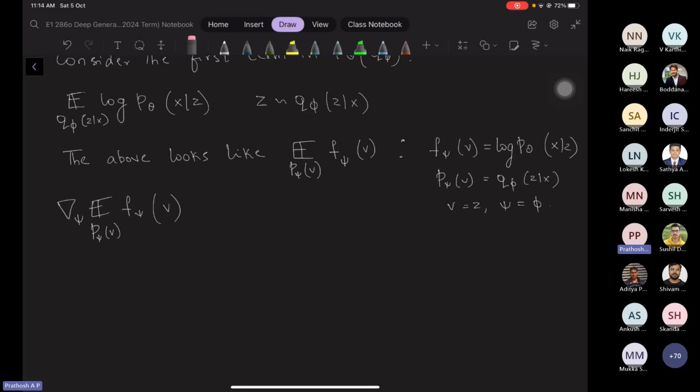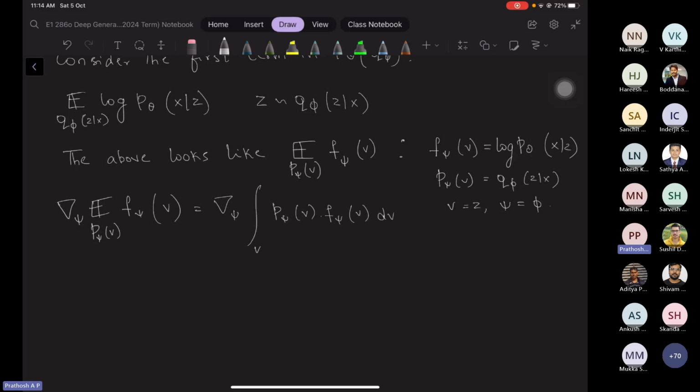Okay. This is equal to the gradient of the integral with respect to V of p psi of V times f psi of V dV, right?